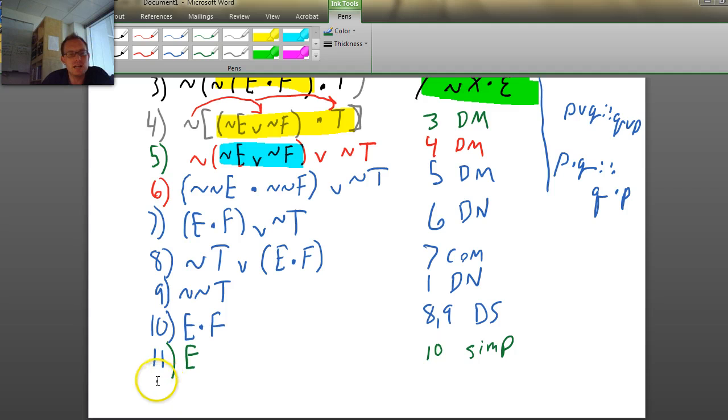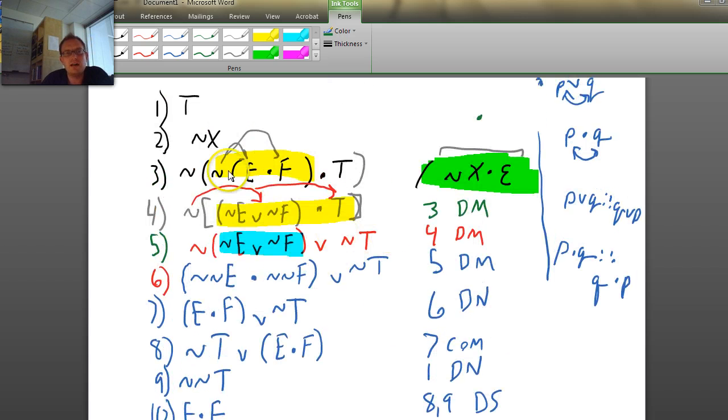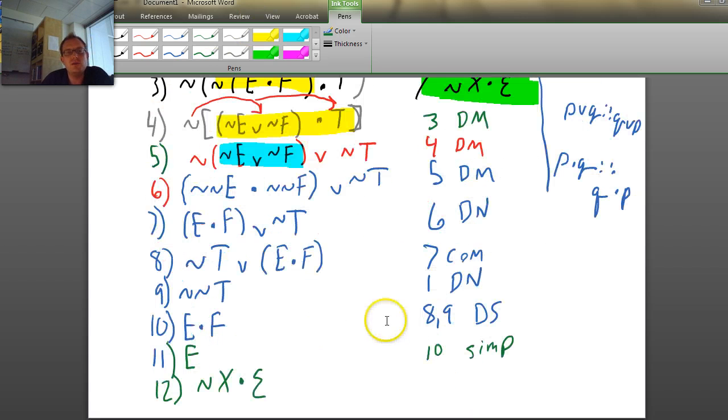So line 12 here can be not X and E. And that's going to be lines 2 and 11, conjunction. And that's the proof.